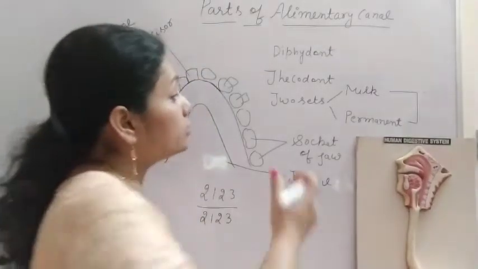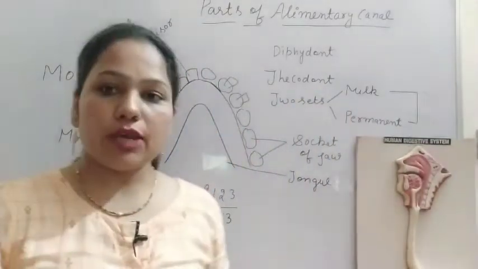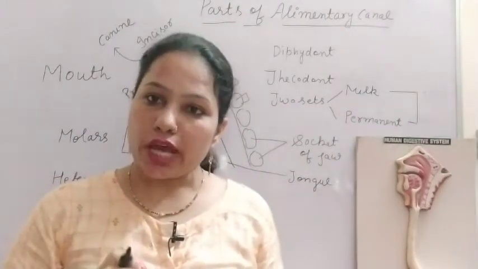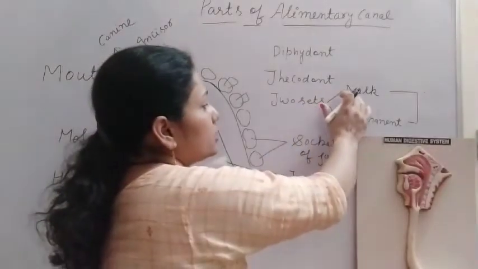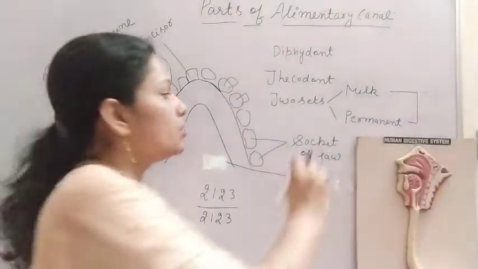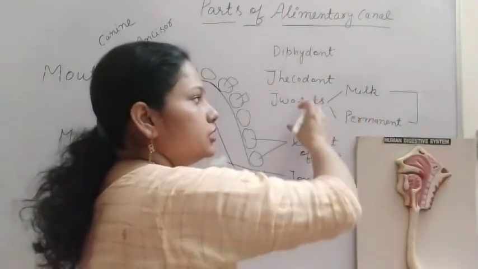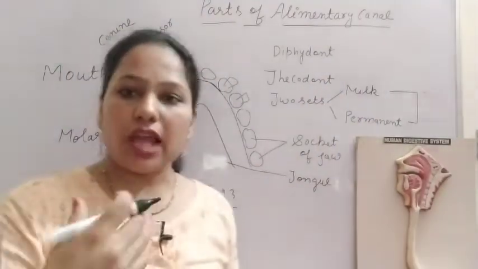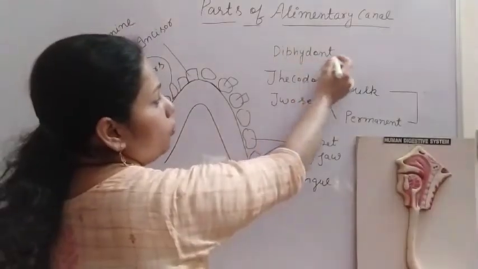So after that the permanent teeth are there. So in the lifetime of the human being, two types of teeth are present. First, the milk teeth, and second, the permanent teeth. So two types of teeth are present in the lifetime, and this arrangement is known as diphodont.